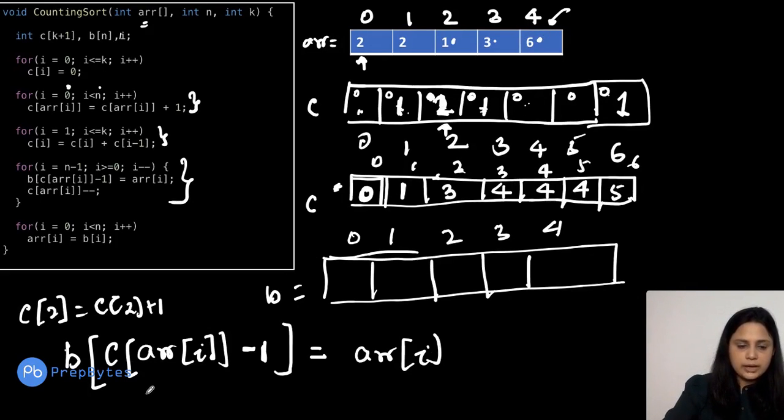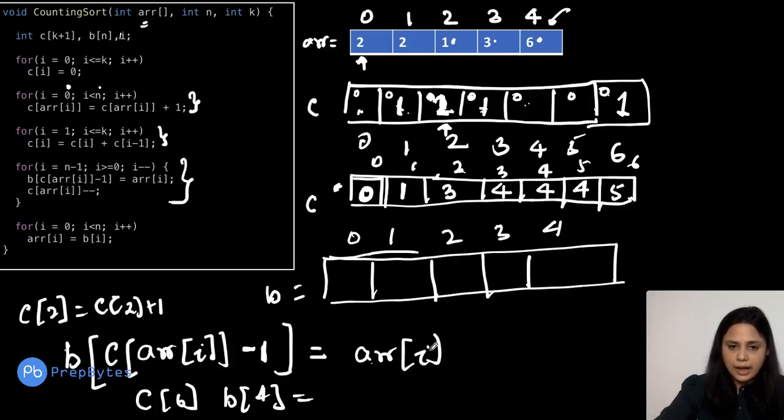Okay, so we will be like, what is C of 6? C of 6 is, I can see 5. Okay, so B of 5 minus 1, which is 4. B of 4 is equal to array of I. What is my array of I? 6. So B of 4 is equal to 6. So I will place my 6 over here.